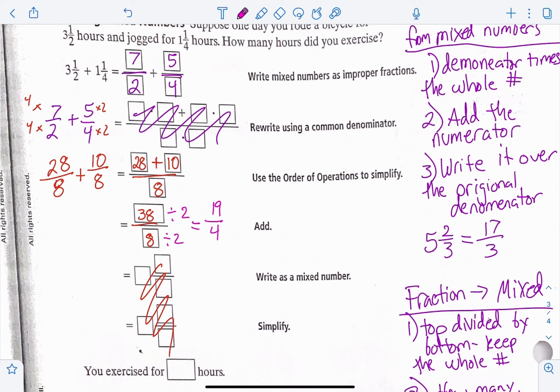So if I did 4 times 4, I would get 16. So that's going to be my whole number, is 4, not 16. And then based on the 16, I know I have 3 more to get to 19. So I have 4 3/4. Okay, so we simplified to 19 over 4, and then we turned it into a mixed number. It's easier if you simplify first and then make your mixed number.